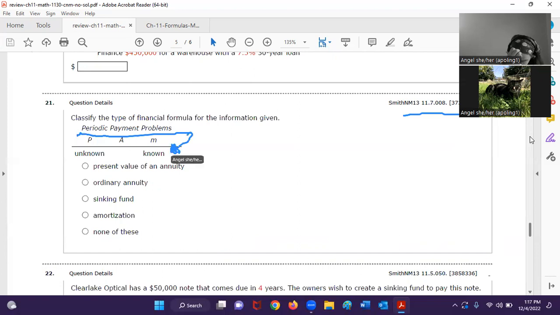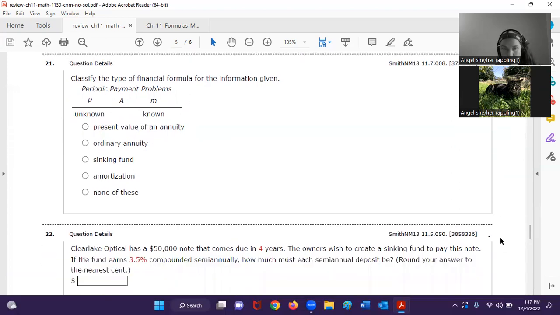Periodic payment problem, or M is known. P is unknown, right? And P stands for the present value. So this question is the present value of an annuity. So that's those ones, right?